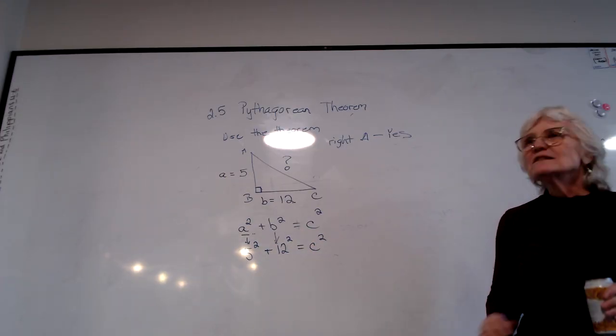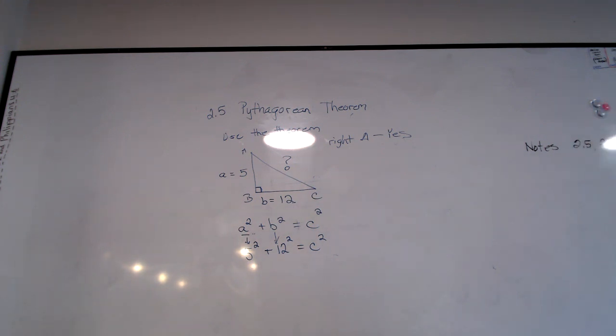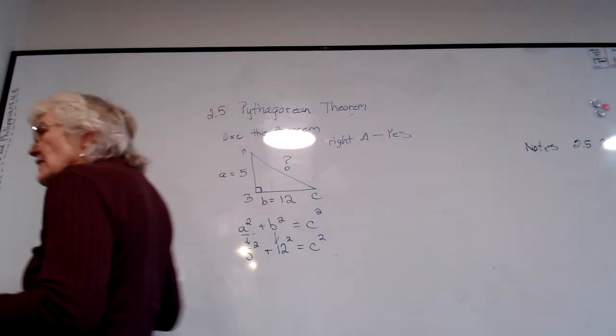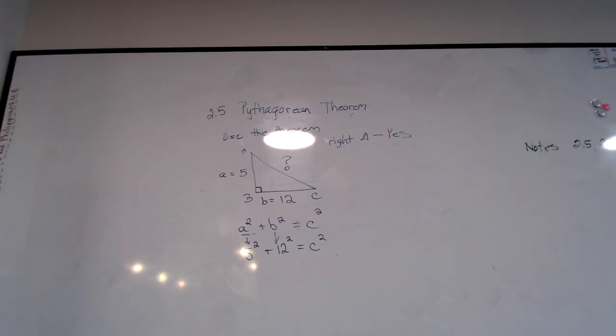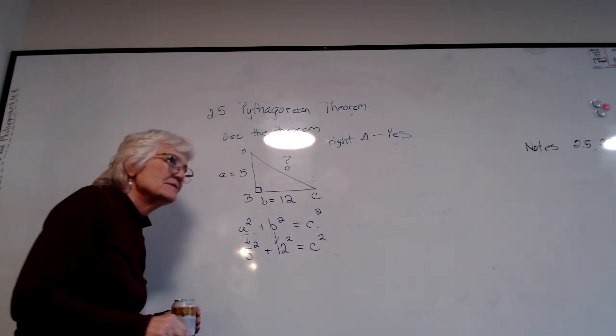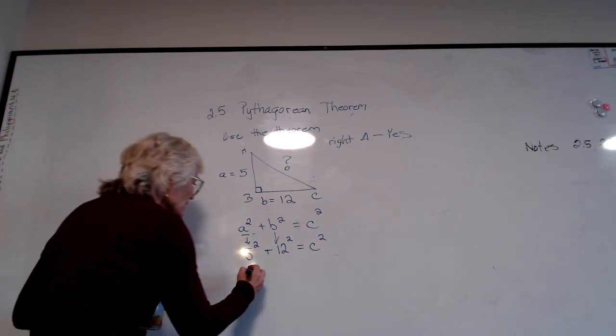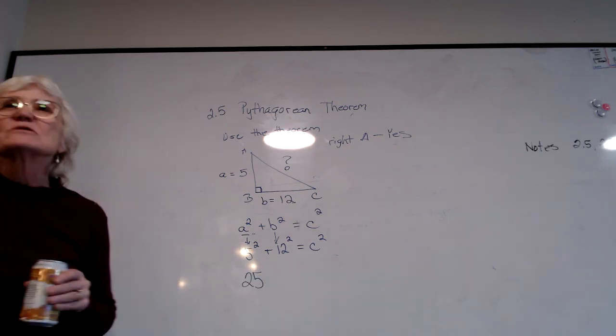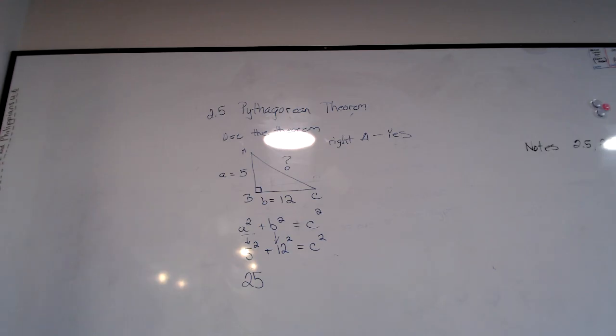Okay, what does it mean to square something? You multiply it by itself. Yes, okay. So, can somebody tell me what 5 squared is? Okay, Gavin, what is 5 squared? 25. It is 25 because 5 times 5 equals 25. That's what squaring means.